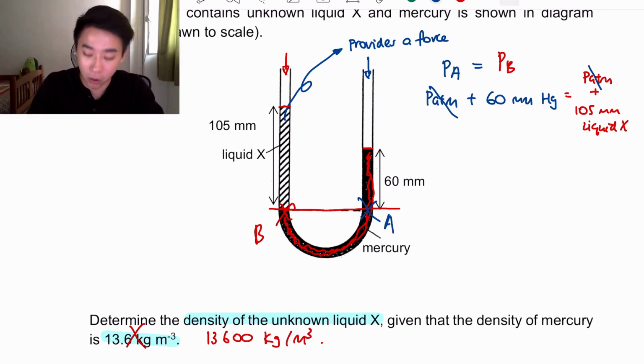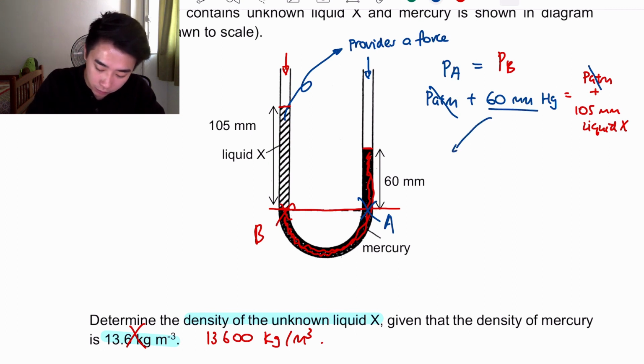So let's break this down using our h rho g. So 60 mm of mercury in terms of h rho g will simply be 60 over 1000 meters multiplied by the density of mercury, which is 13600, multiplied by g, which is 10, right?